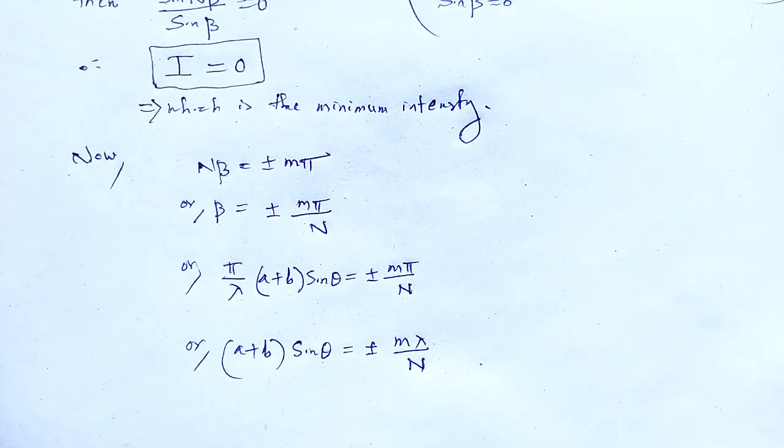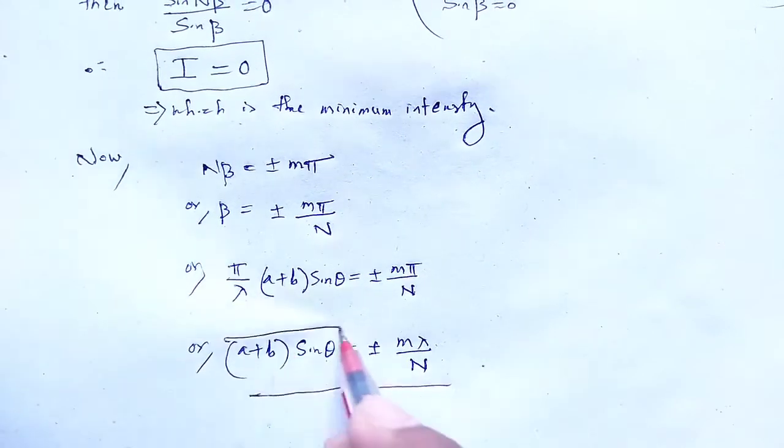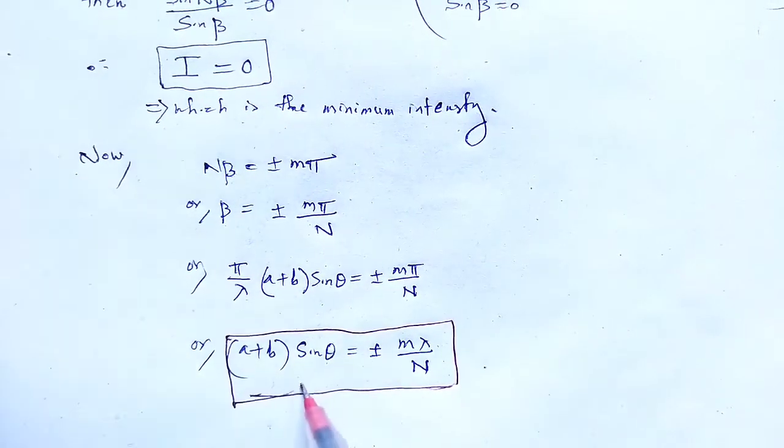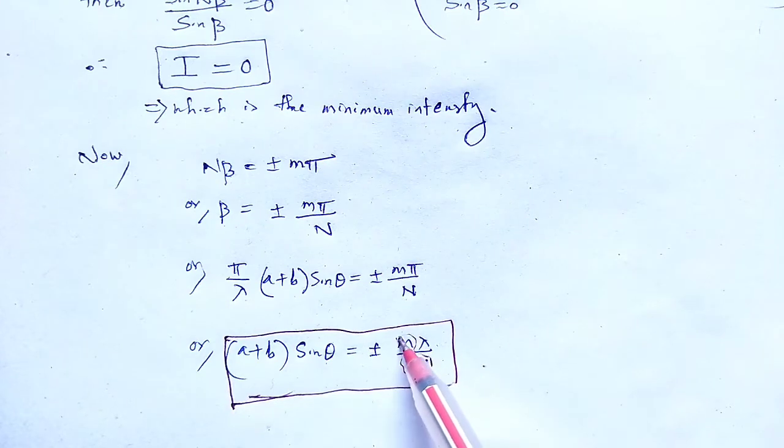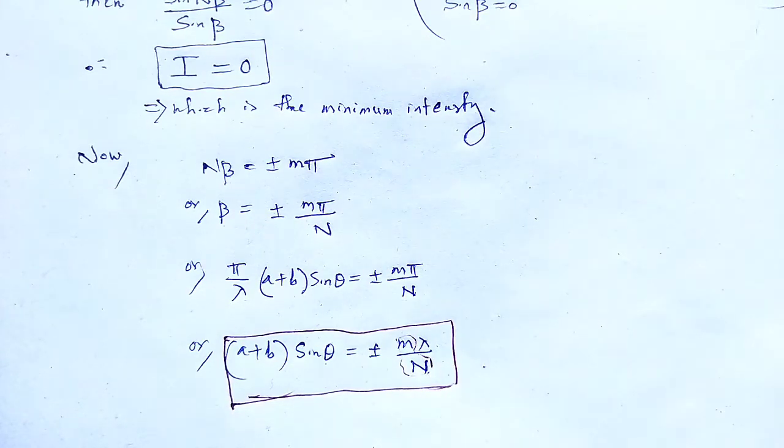Here is the condition for minima, when the path difference is m by n times lambda.